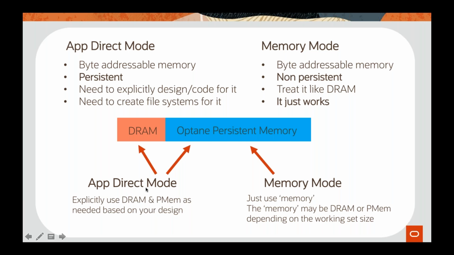Another way of looking at it, in app direct mode, you make explicit design code choices whether to use persistent memory or DRAM. In memory mode, you just use memory, which makes things really simple, but you don't actually know whether you're using persistent memory or the DRAM as a cache. And we're going to drill down into that aspect.